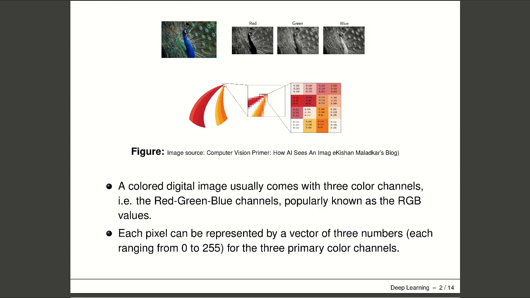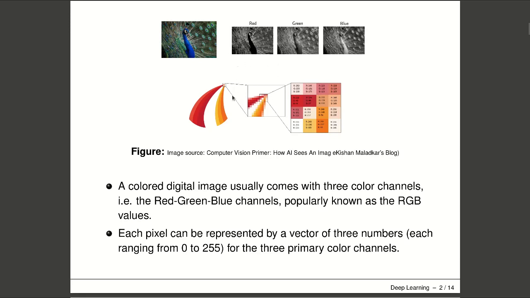In color imaging systems, a color is typically represented by three or four component intensities. For example, in three channels, we have red, green, and blue, or RGB, or we have another four-component system like cyan, magenta, yellow, and black. In RGB, each pixel can be represented by a vector of three numbers, each ranging between 0 and 255.